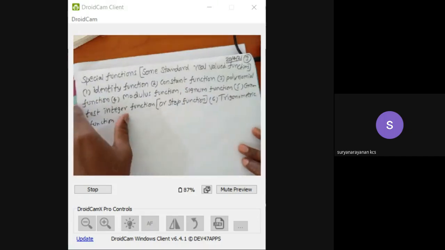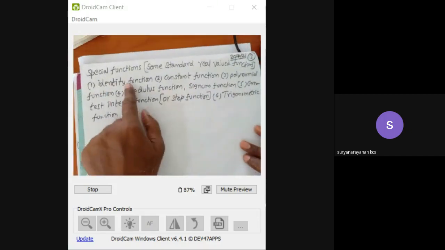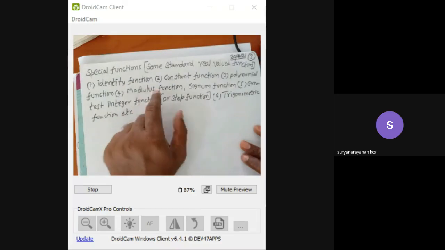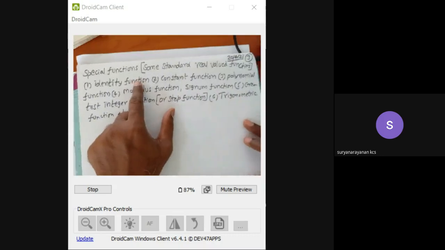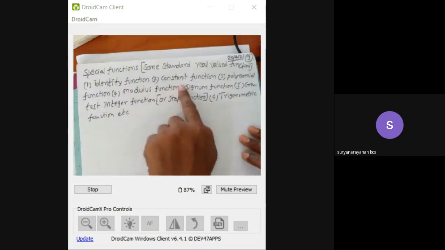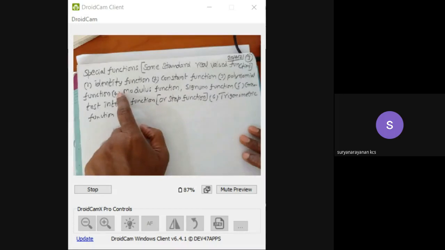All of you go through the special functions, their definitions and their graphs also given. We have discussed in the first year. If you remember it, it's good. If you don't remember, if you forgot, once go through these definitions and their graphs.